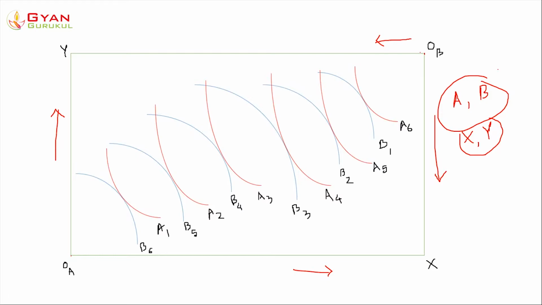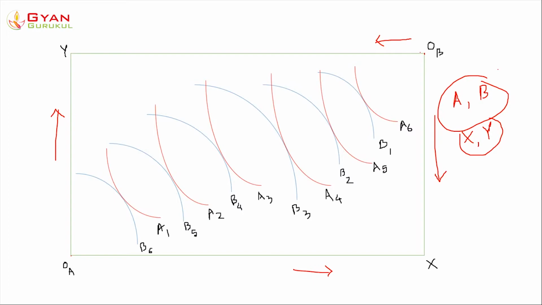For consumer A, the higher and higher indifference curves are towards the right, and towards the left, the indifference curves for consumer A are lower and lower, right? The utility level denoted by A1 is very less as compared to the utility level denoted by A6.